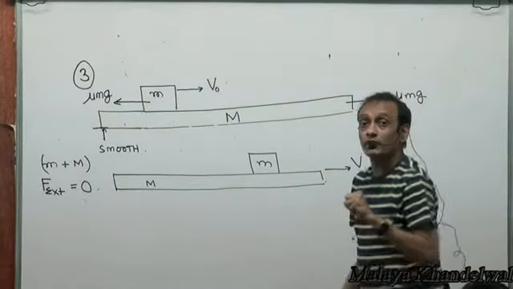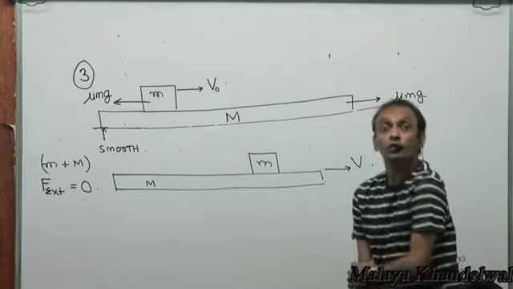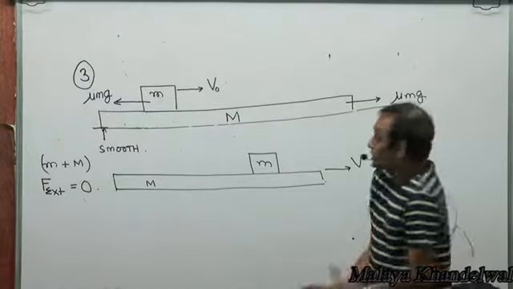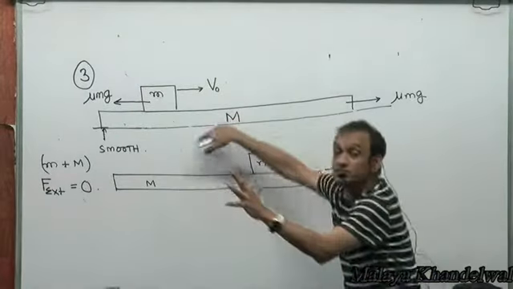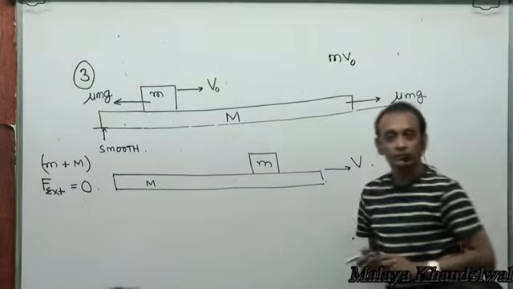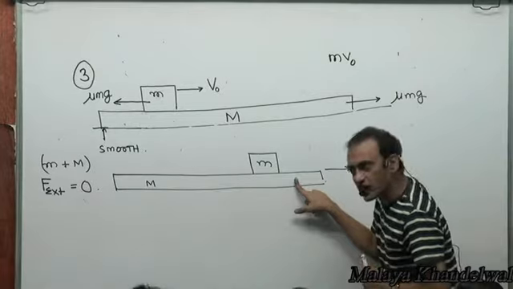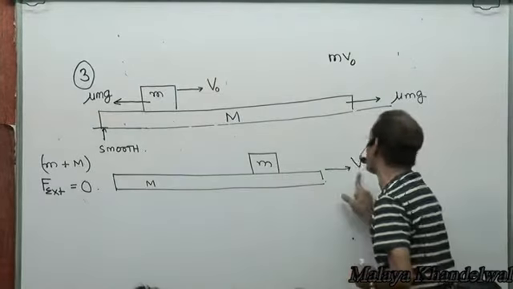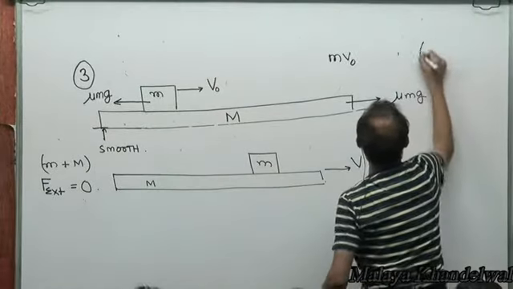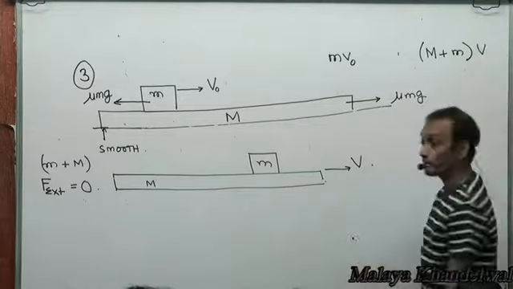And therefore, for the system small m plus capital M, the horizontal linear momentum must be preserved. The total linear momentum that the system started with was mv naught. Yes or no? That is what it started with. And eventually when it arrives at this state where small m and capital M acquire a final common velocity v, for reasons I mentioned, the total linear momentum of the system is small m plus capital M into v.